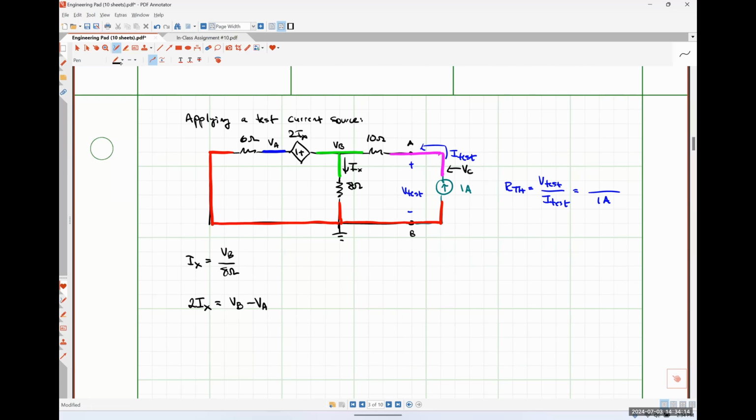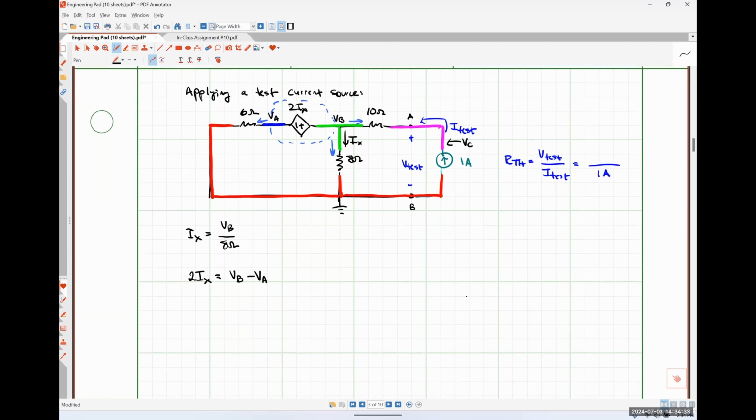I do have a supernode that does not contain ground, right? Anywhere that I have a voltage source, I will have a supernode. This one doesn't contain ground because it contains node A and B. So I'm going to have to add this current plus this current plus this current together. So my KCL at supernode AB equation.